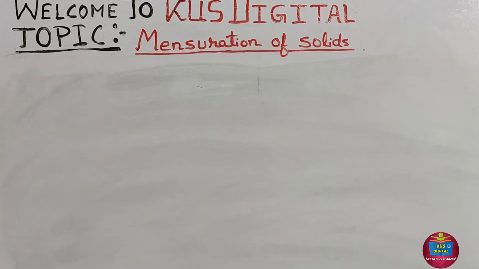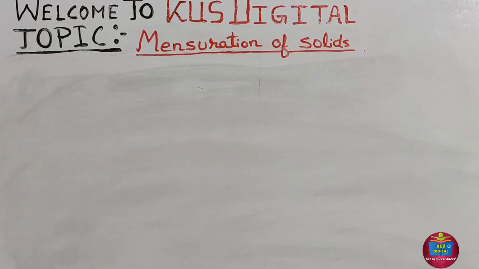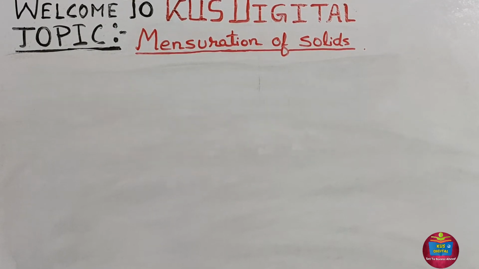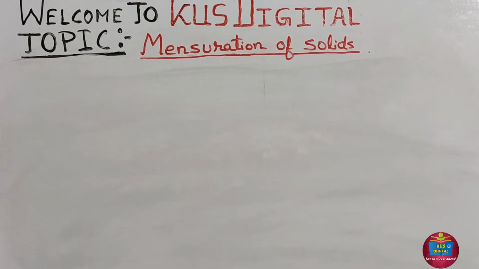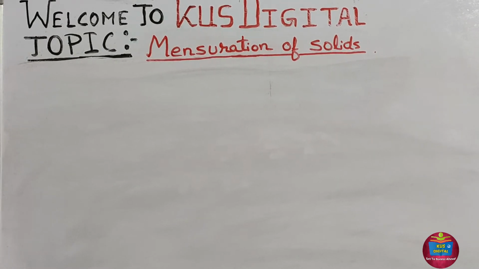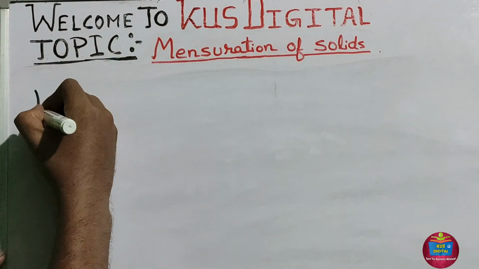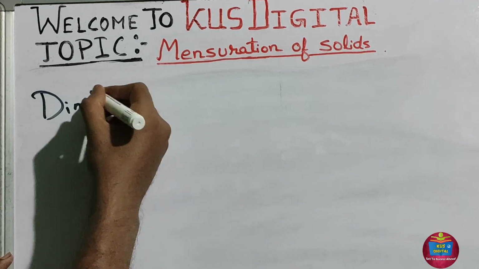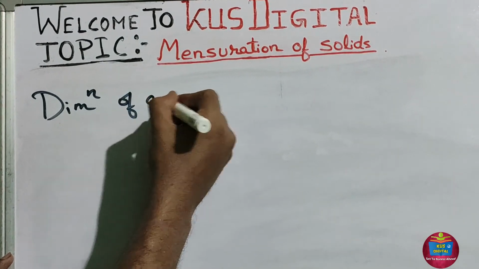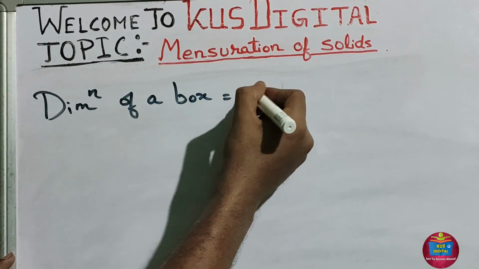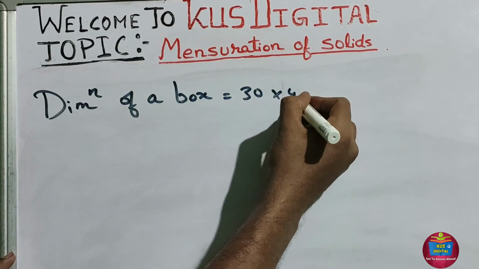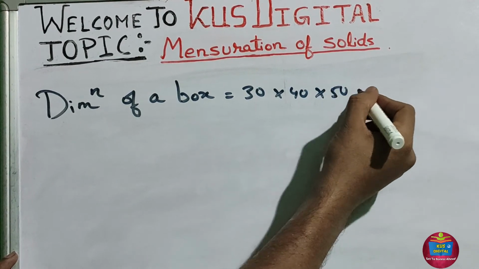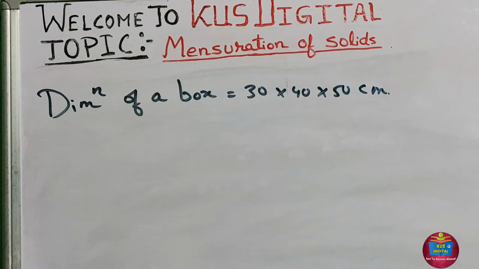Now the next problem is again from cuboid. The problem is that the dimension of a box is given as 30 into 40 into 50 centimeter.